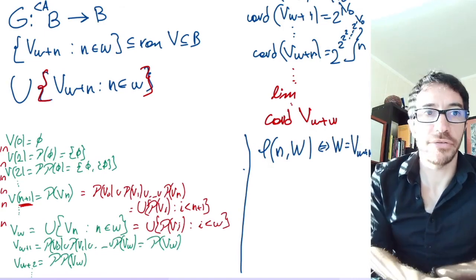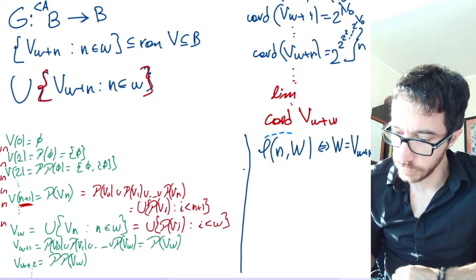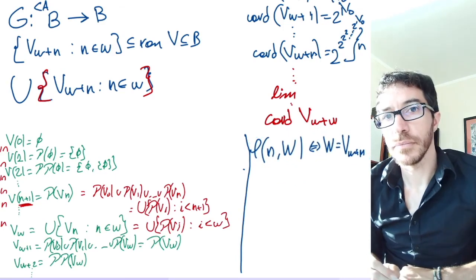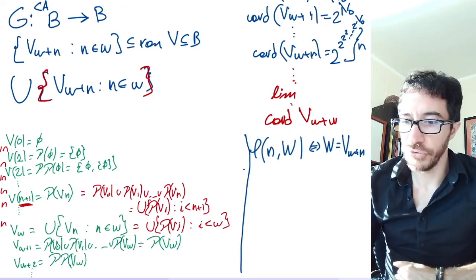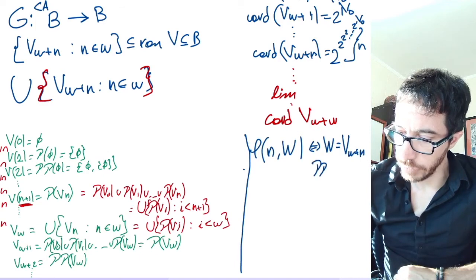Essentially, w is the power set of the power set of the power set of omega, n times.